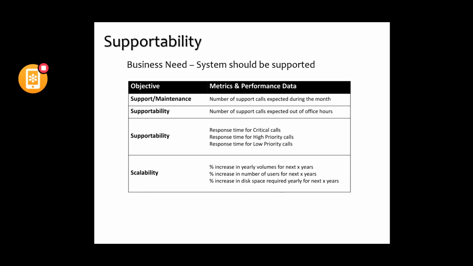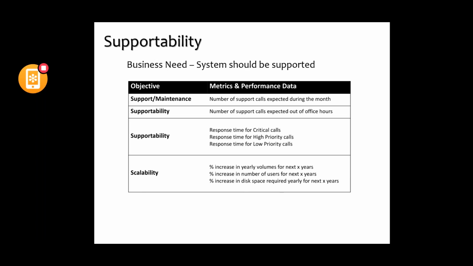Year on year, the number of branches will increase, the volumes will increase, the number of users will increase, and the disk space required will increase. How scalable our systems are will also relate to supportability.